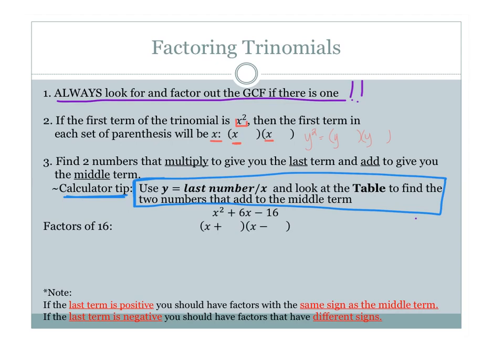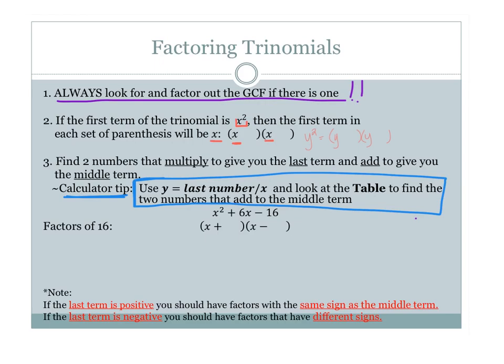Okay? So if I go to y equals and type in 16 divided by x, and go second table, it tells me all of the numbers that multiply to equal 16. But I'm going to look at them to see which ones add to equal 6, because that's the number we have here in our problem.